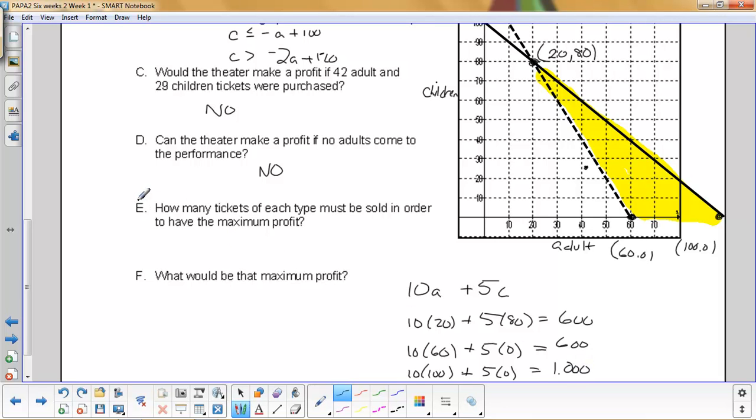So now we've answered E and we've answered F. How many tickets of each type must be sold for maximum profit? That is 100 adults and leave the kids at home. 0 children. What is that maximum profit? That is $1,000.